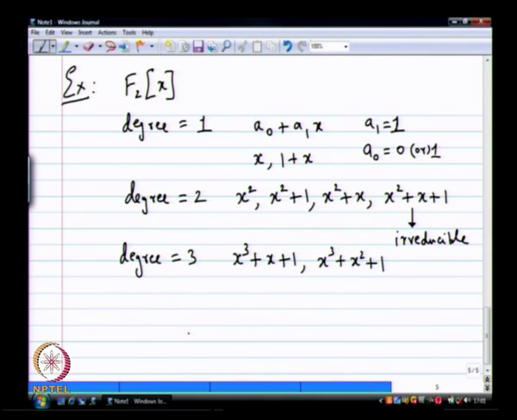What is a little bit non-trivial, but can be proved with some effort, though not very easy, is this: for an arbitrary degree m, there exist irreducible polynomials. What is this symbol that I drew? It means there exists.